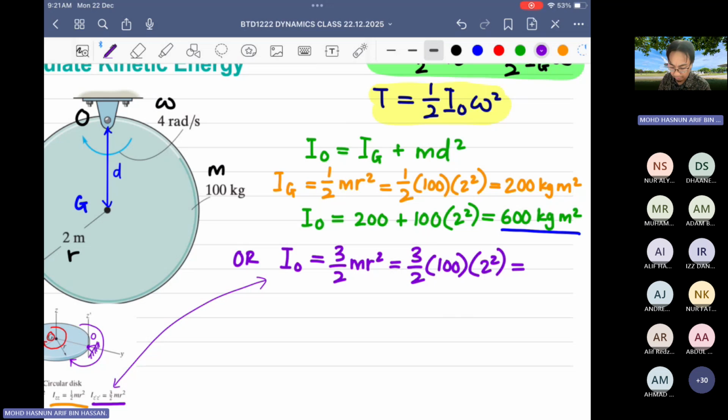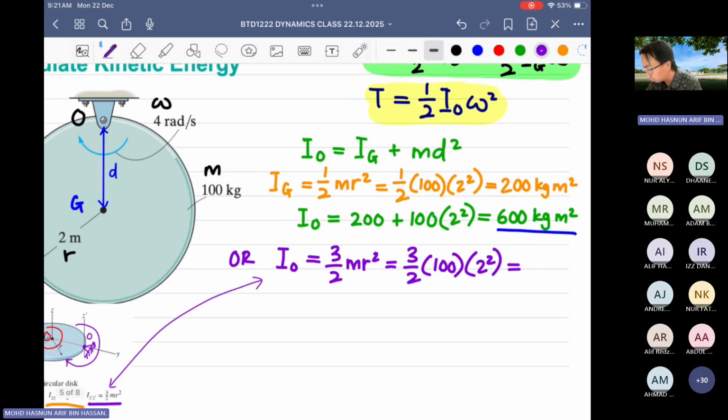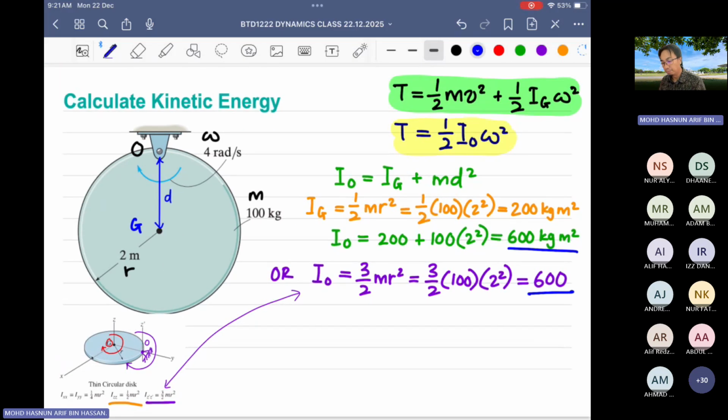Let's calculate: 3 over 2 times 100 times 2 square, which will also give you 600 kg meter square. So basically we are getting the same value by using either the parallel axis theorem, or by taking straight away from the given formula.